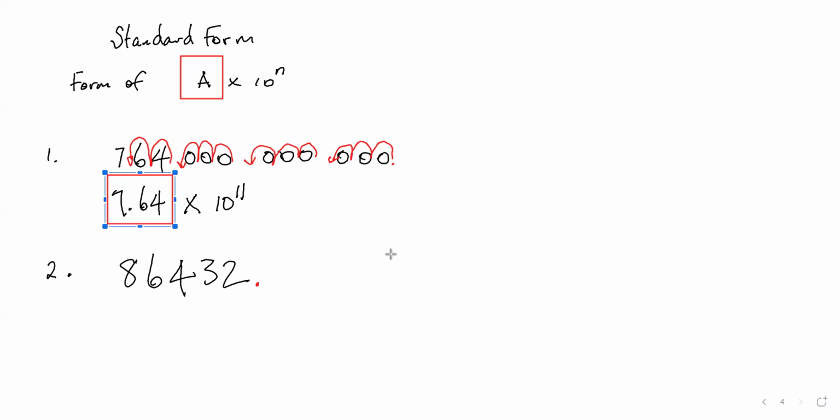Gabriel, it can't be 1. You didn't move your point 1 place for 86,432. You move your point more than 1 place.